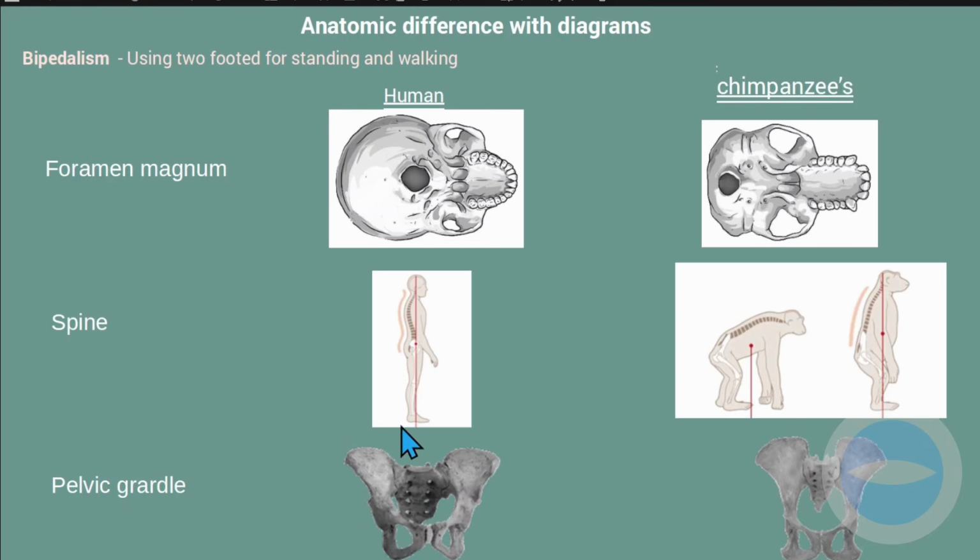The pelvis of a human is more round. As you can see, it's more round. The pelvis of the chimpanzee is narrow and long. The pelvis of a human is more round so that it can carry all the parts that are on the upper body.